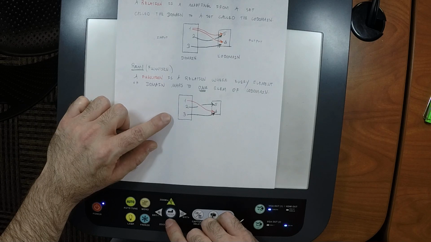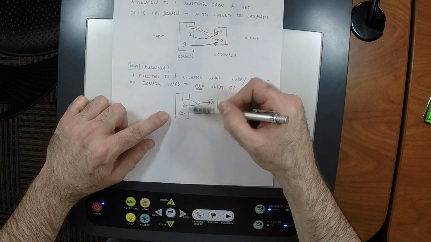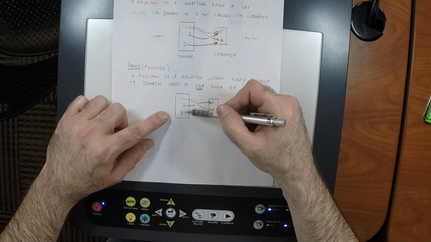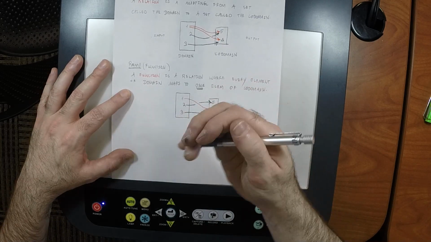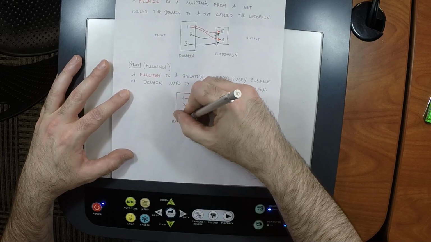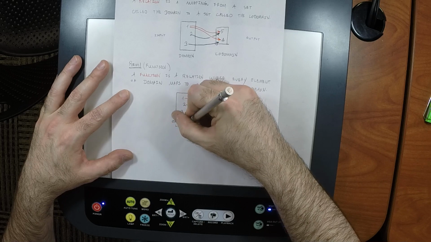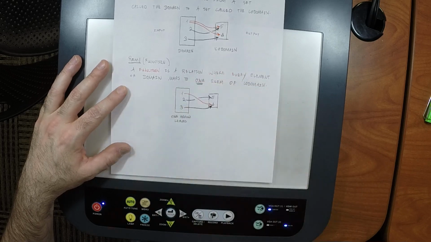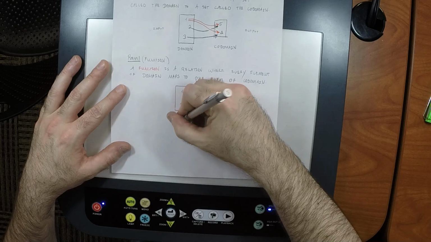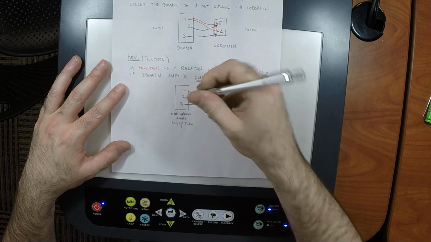All right. So notice that 1 arrow is leaving all of these. So 1 arrow leaves every element of the domain.